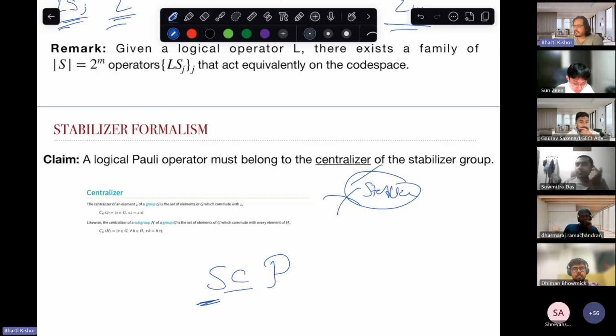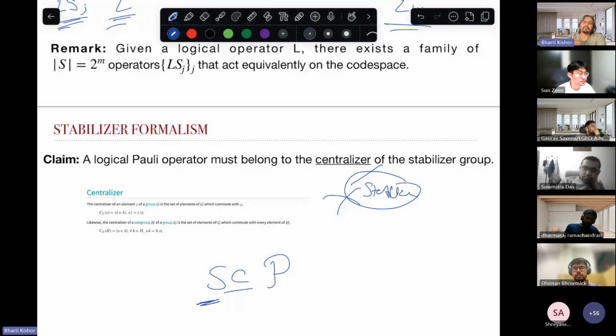And this definition makes sense because the action of the logical operator should move the code words around. It should not take you outside the code space. So they should be in the centralizer. But every stabilizer will be trivially in the centralizer, so we don't want a logical operator to be a trivial logical operator, just that stabilizer.